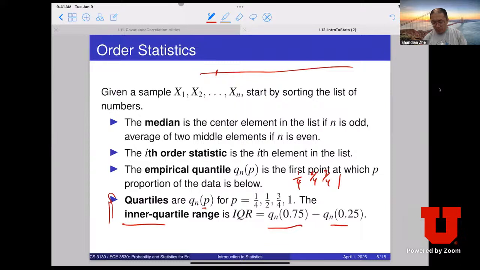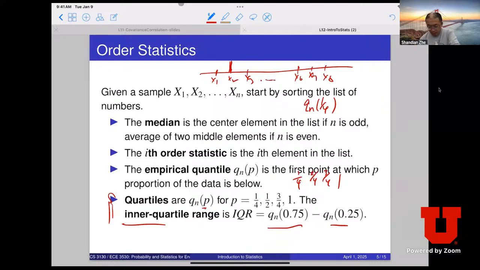For example, suppose you have 8 random variables, sorted: X1, X2, X3, up to X6, X7, X8. We know that the quartile at 1/4 will be X2, because X1 and X2 are at or below X2, which takes 1/4 of the total number of data points.